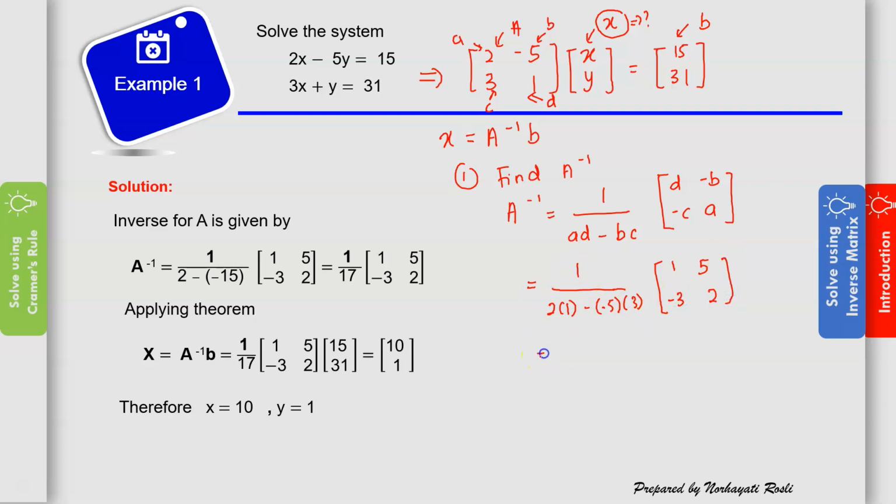When we solve this, we get 1 over 17 times the matrix 1, 5, negative 3, 2.